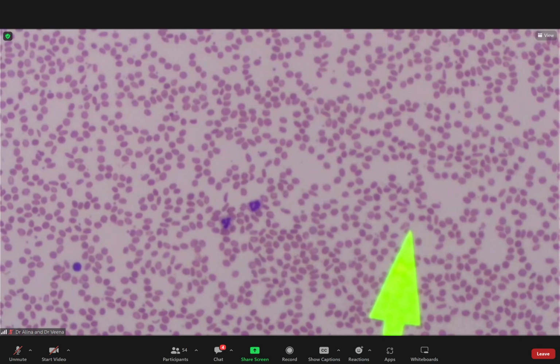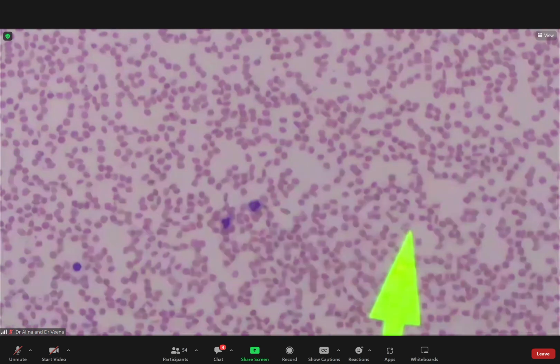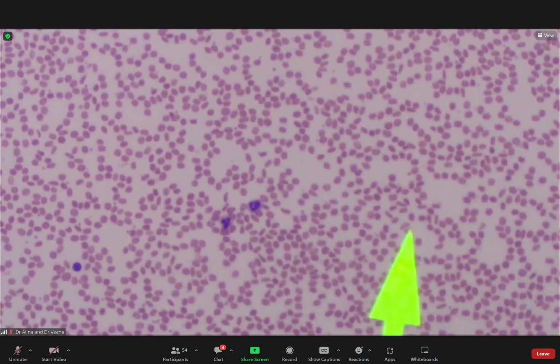Not many, but there were a few that wrote IDA. So what would be points against? We gave you the indices for a reason, right? In iron deficiency anemia, where you may see elliptocytes, pencil cells or elliptical shaped cells, the indices will be hypochromic microcytic.